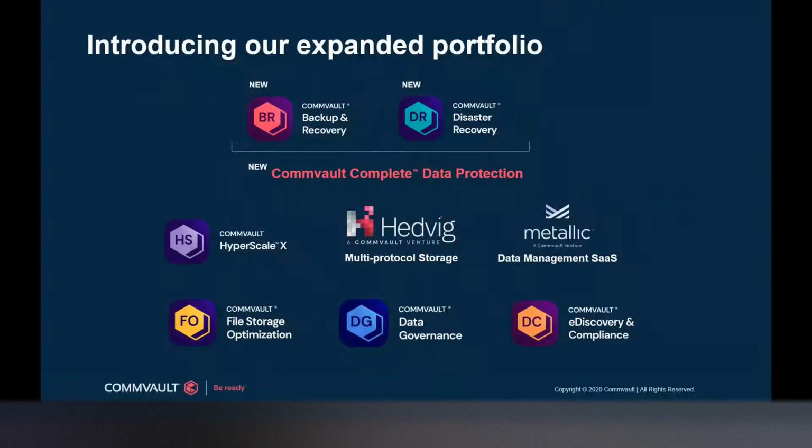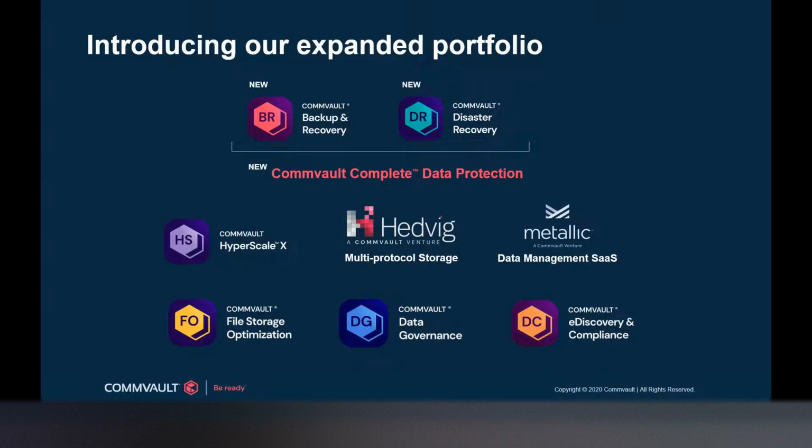Commvault essentially changed the portfolio a bit in terms of how we are organizing our products. You have the core product, Commvault Backup and Recovery, which provides all of the backup and recovery capabilities, including cloud, on-prem, and workload protection. An additional product, in the past called Orchestrate, is now called Commvault Disaster Recovery.